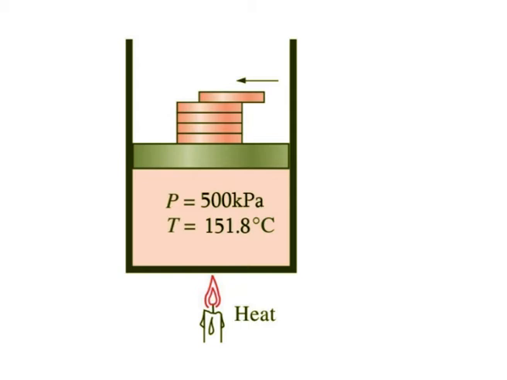Therefore, if the pressure is fixed, so is the boiling temperature. At a given pressure, the temperature at which a pure substance changes phase is called the saturation temperature. Likewise, at a given temperature, the pressure at which a pure substance changes phase is called the saturation pressure.